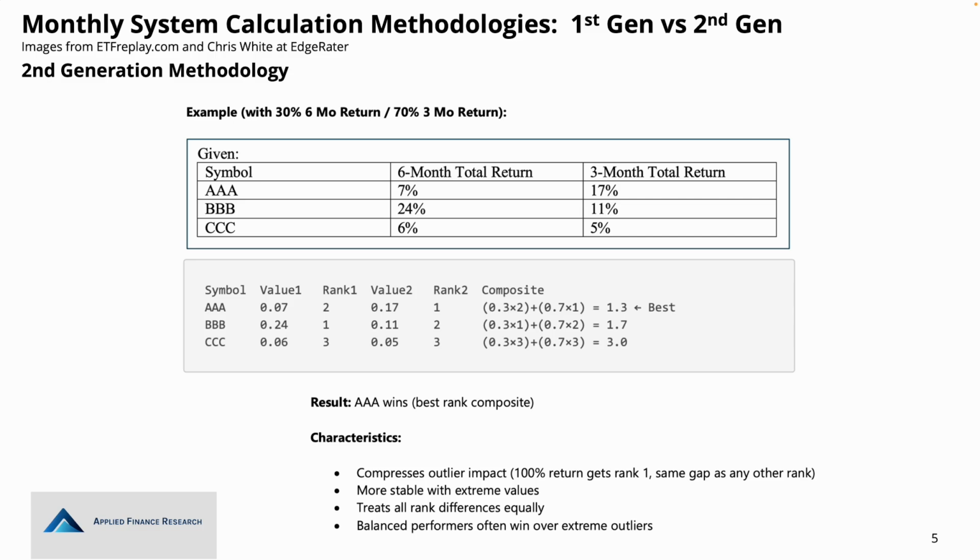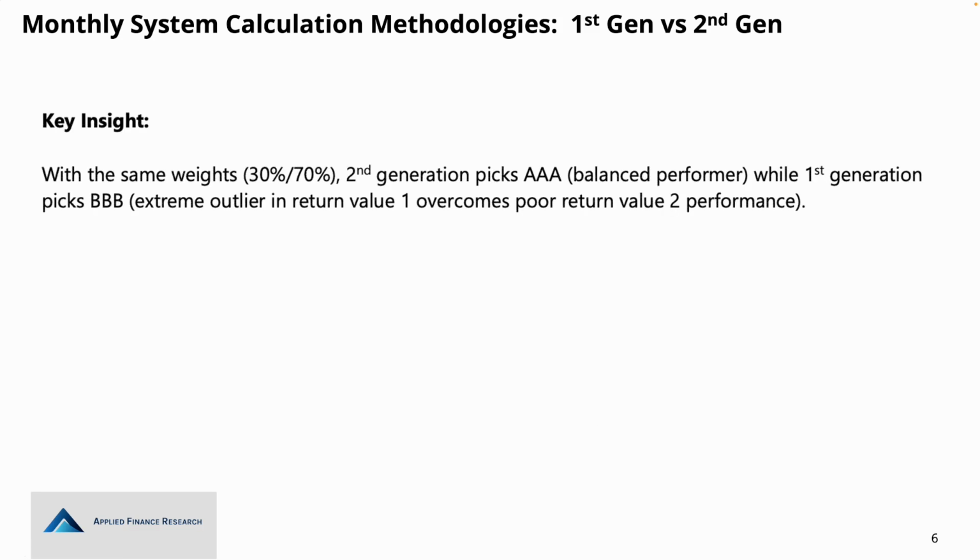This method of calculation is also more stable when symbols have extreme values, and it treats all rank differences equally, so we end up with balanced performers often winning out over extreme outliers.